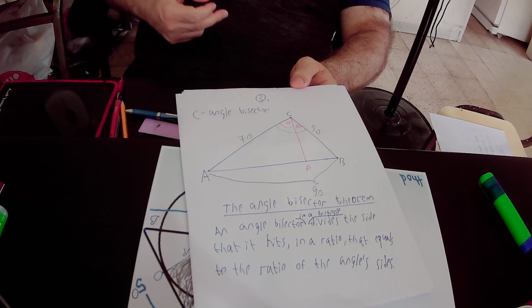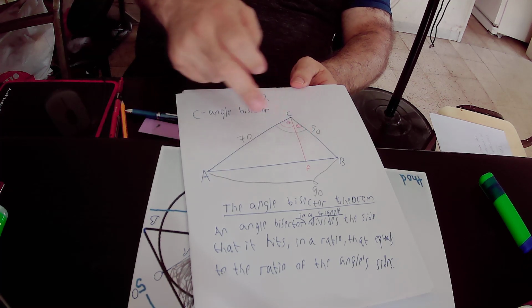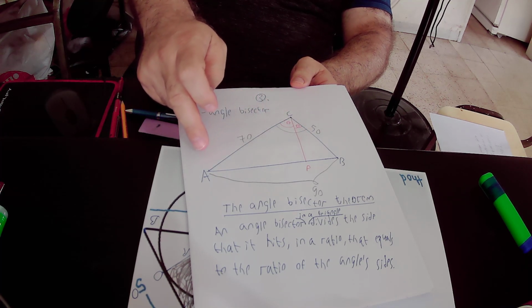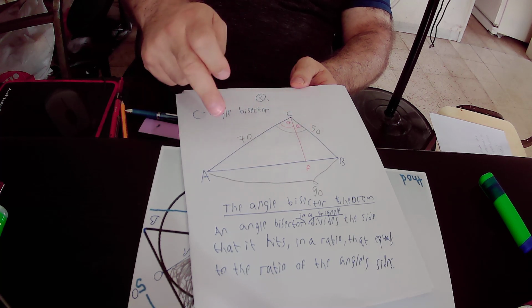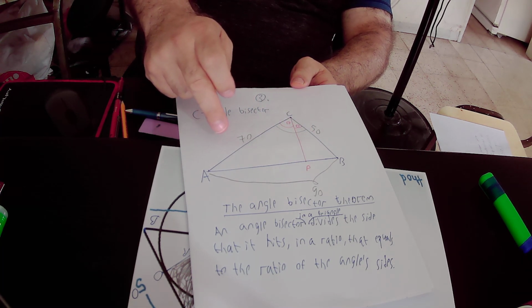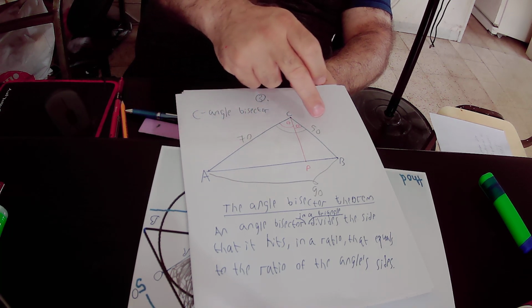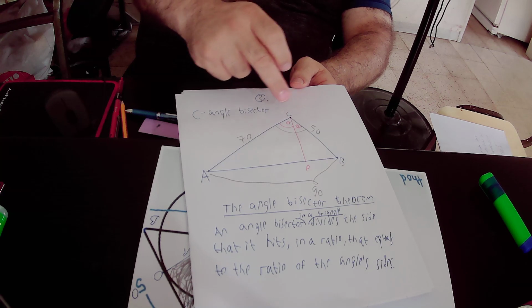So the ratio that angle bisector CP divides side AB equals the ratio of the angle sides of angle ACB.